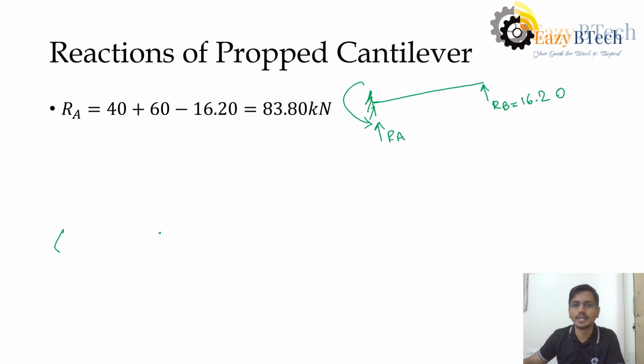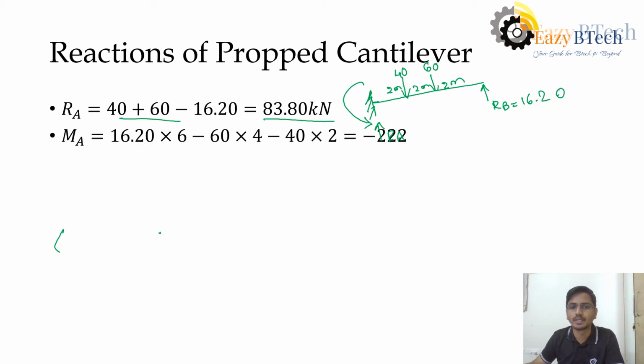So RA is nothing but here we have 40 kilonewtons and 60 kilonewtons acting, right? So RA is nothing but 40 plus 60 minus 16.20, 83.80.